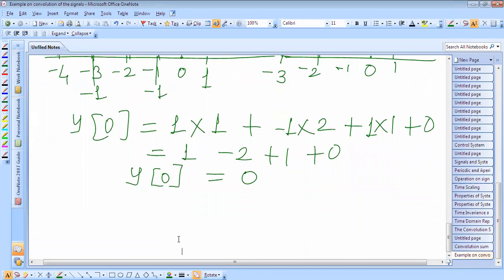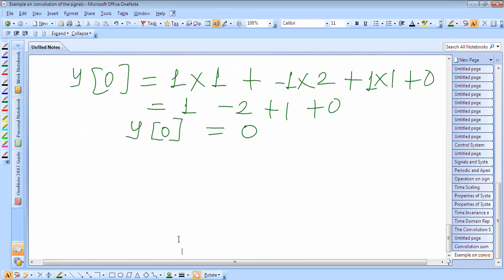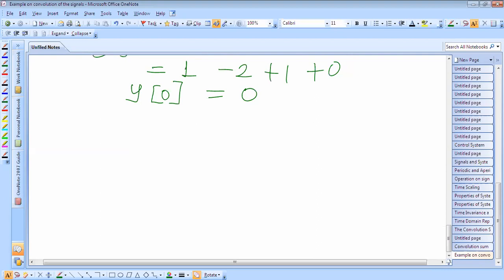Okay, next value is n is equal to 1. We'll put n is equal to 1 here. So when n is equal to 1, what will be the impulse response? Impulse response is h of n minus k. So now n is 1, so 1 minus k. So when n is positive, that means we have to shift the impulse response toward the right side of the origin.